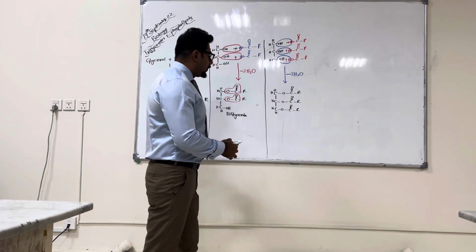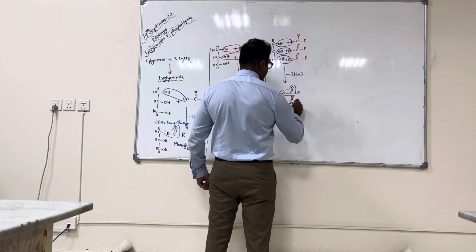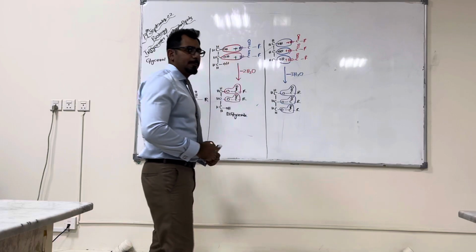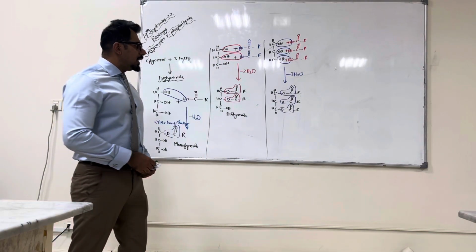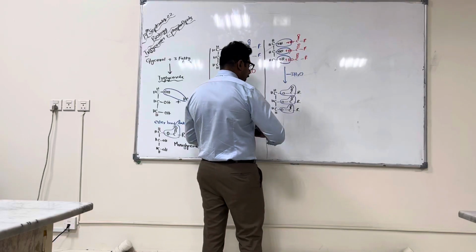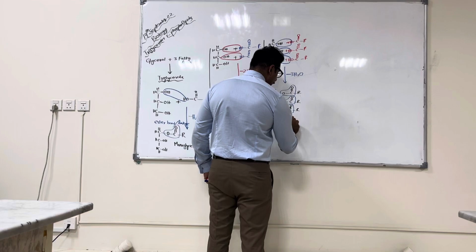Now, if you see this, 1 ester linkage, 2nd ester linkage, and 3rd ester linkage. Now, 3 fatty acids are bound together, and this one will be called a triglyceride.